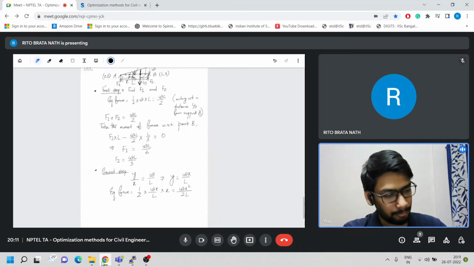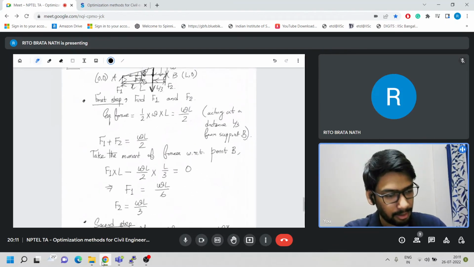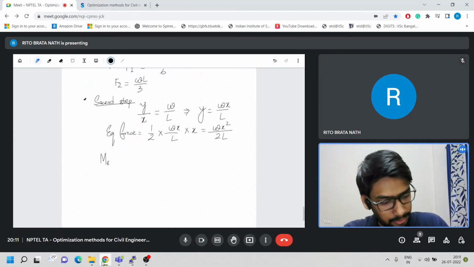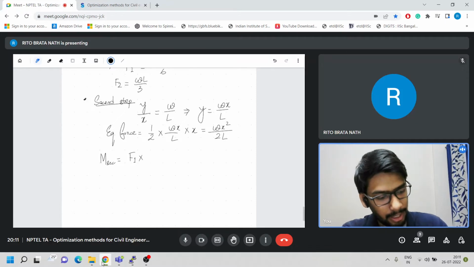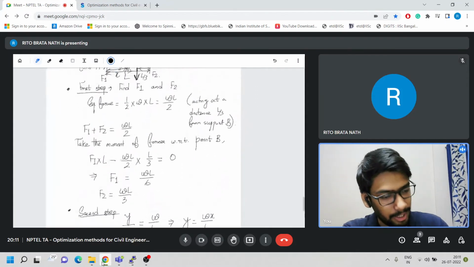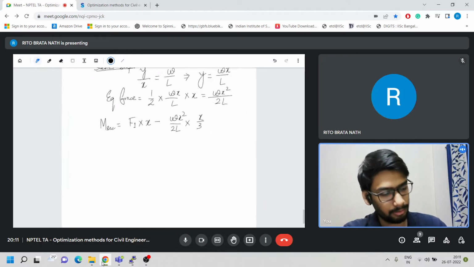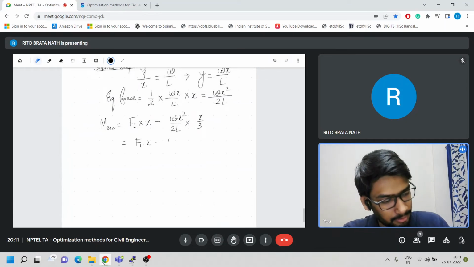Now, you know where it acts, and if you take the moment with respect to the section, we'll get F1 times x minus this equivalent force, which will be at x by 3. So that will be F1x minus Wx cubed by 6L.